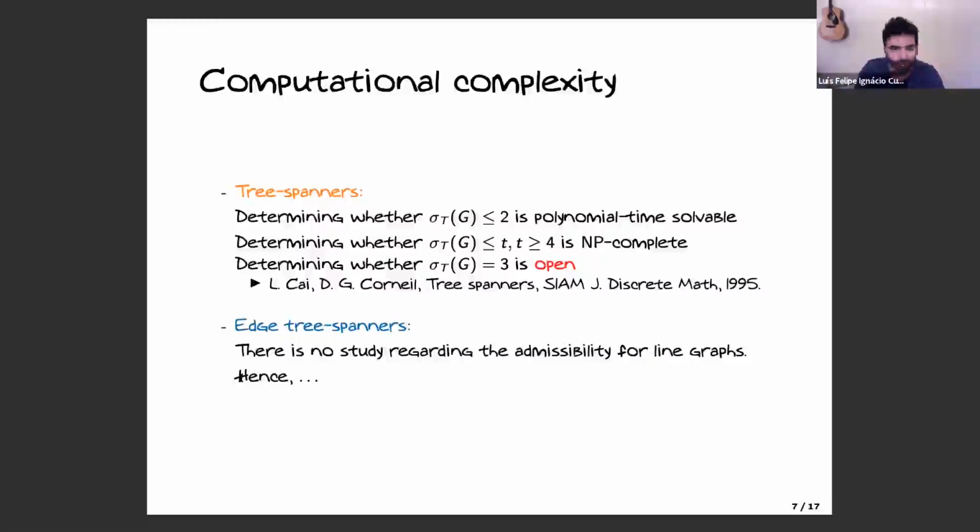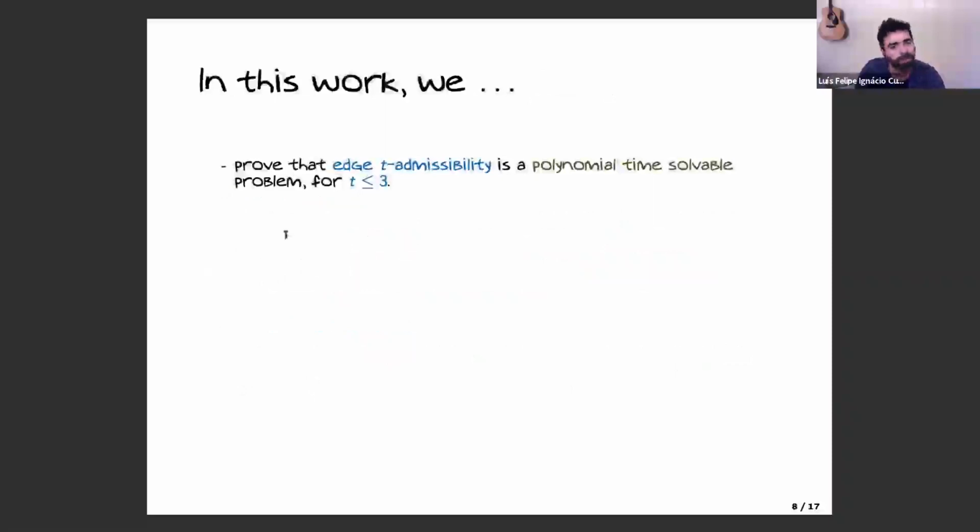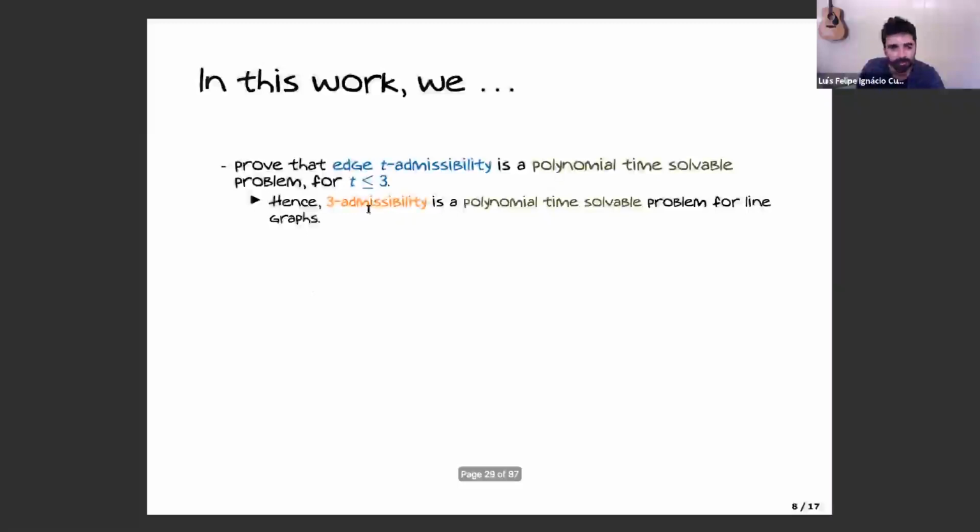Hence, what we do here is prove that edge t-admissibility is a polynomial time solvable problem for t at most 3. What you conclude here is that 3-admissibility is polynomial time solvable for line graphs. So we are not yet able to solve the computational complexity of admissibility for an arbitrary graph, but for line graphs, we prove that it is polynomial time solvable.